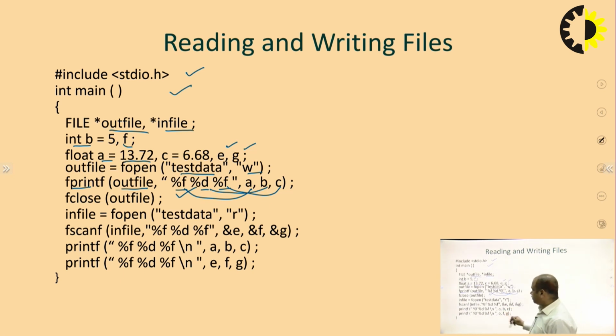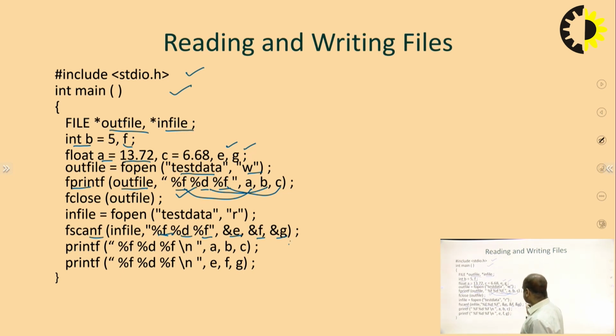So fscanf will be used here, instead of fprintf, we are using fscanf with infile, the format string %f, %d and %f for the variable values e, f and g. Now we are going to print on the standard console. For the console we are using the printf function, not fprintf.